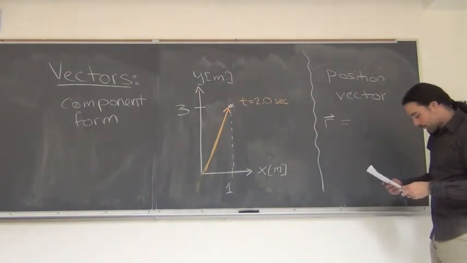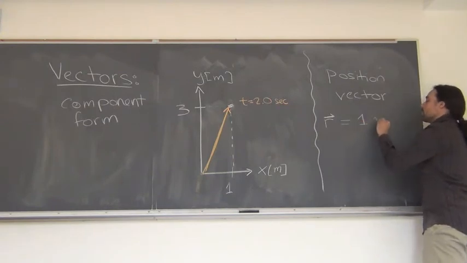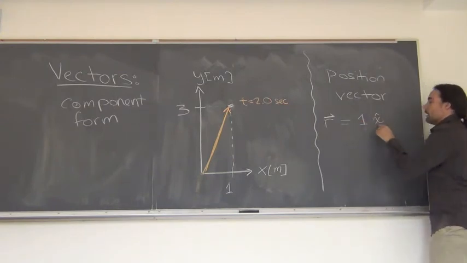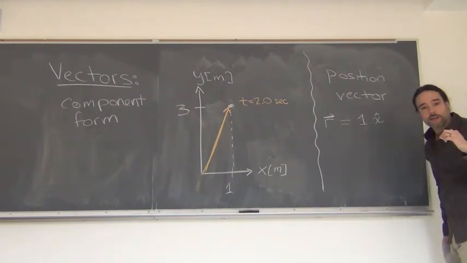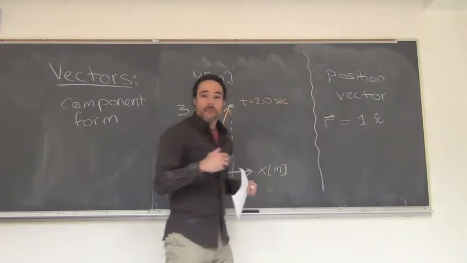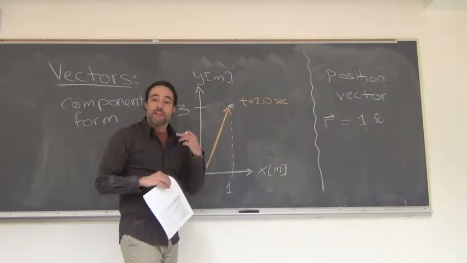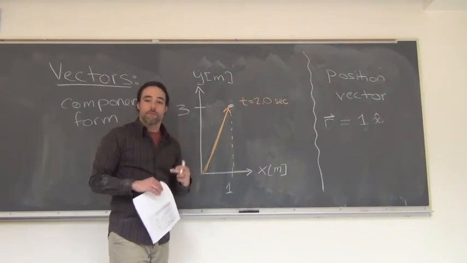We can say that my object is over 1 in the x direction. Notice that this x is not a variable x. I can tell it's not a variable x because it has that little hat on it. The hat means it's a unit vector in the x direction.